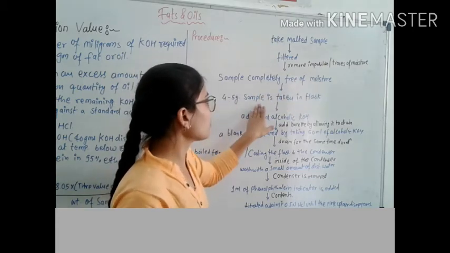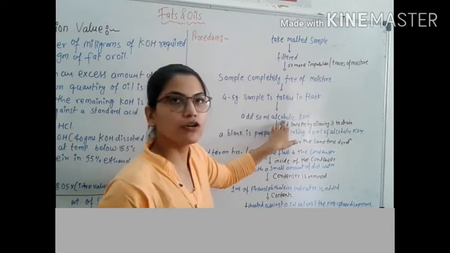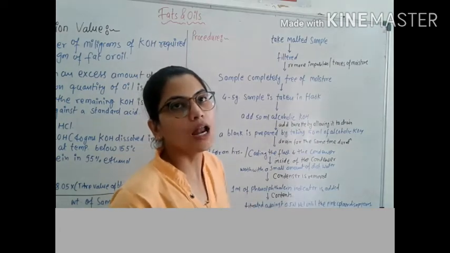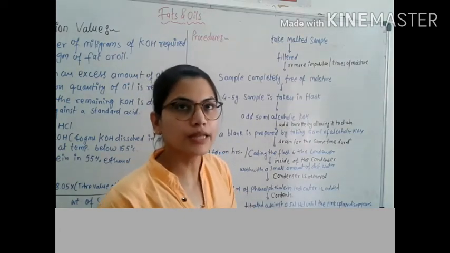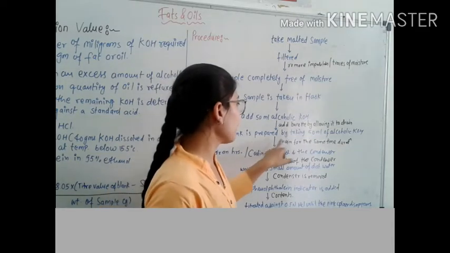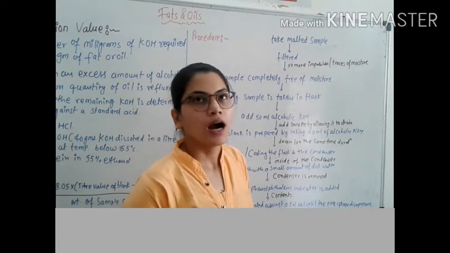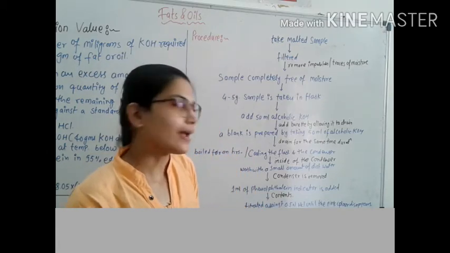4 to 5 gram of sample is taken in a flask and 50 ml of alcoholic KOH is added from a burette, allowing it to drain for a defined period of time. A blank is prepared by taking 50 ml of alcoholic KOH and allowing it to drain for the same time duration.